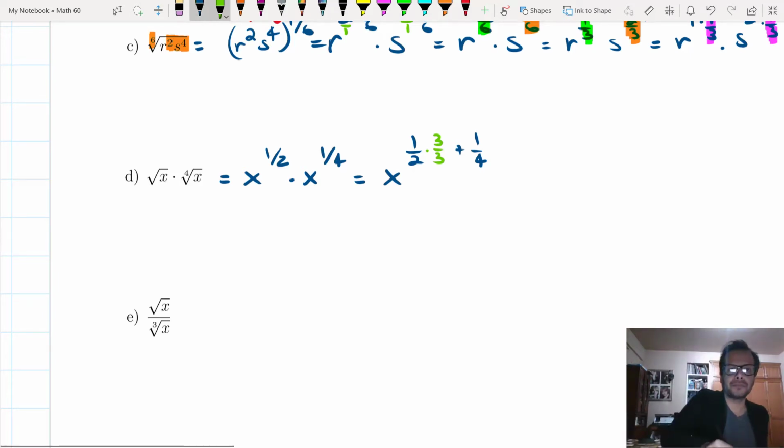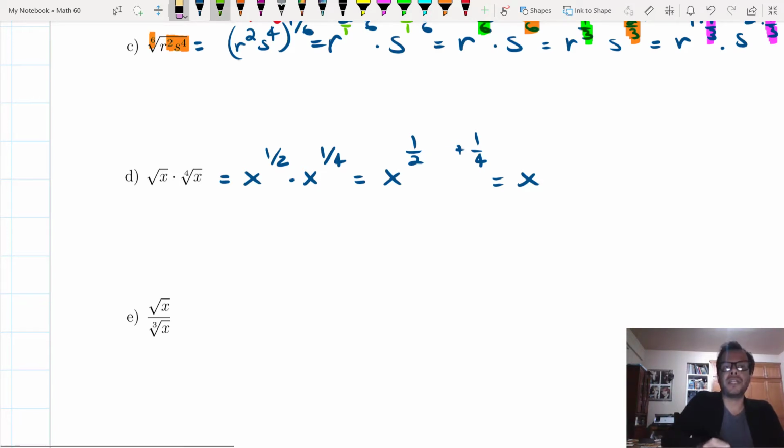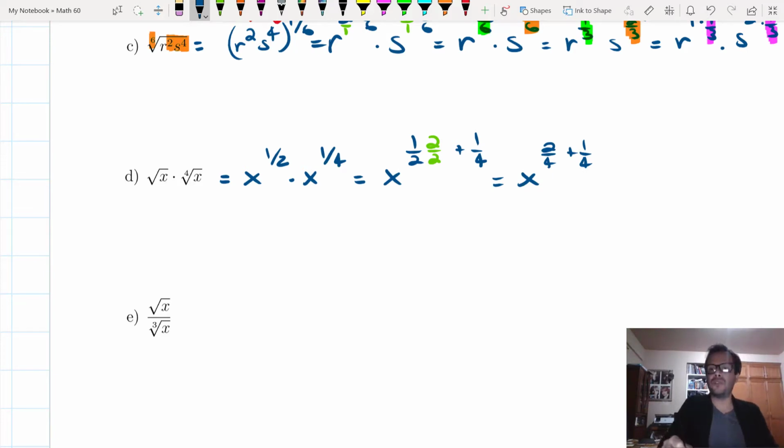So we're going to end up with x to the 3. Oh, wait a minute, not 3. The missing factors, looks like I got it wrong. Okay, nothing happened. Whatever you saw earlier, it wasn't a mistake. It was your imagination. It was just a dream. So x to the 2/4 plus 1/4.